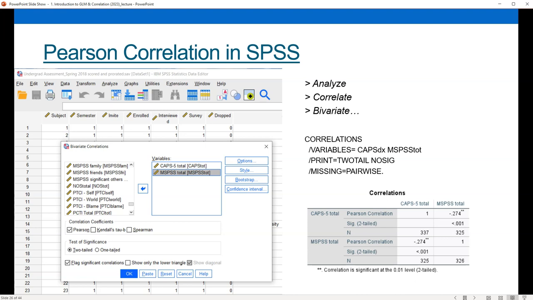But it's pretty easy to go through. Here's your syntax, what that looks like, and then here's your correlation table. We have the correlation between my two variables, the p-value, and the sample size. Just go through and make sure that you take a look at that and that everything's looking good.